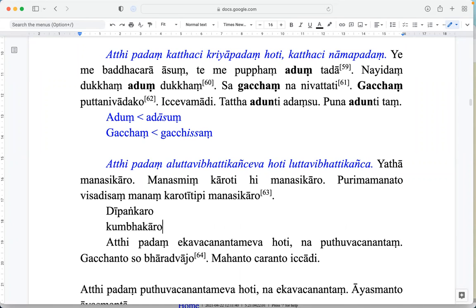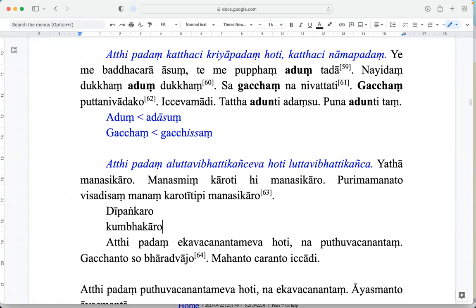This refers to lauda vibhadika and alauda vibhadika in the compounded word in the middle. We have many examples, especially in the Buddhisa samasa. Dibankaro is alauda vibhadika, but kombakaro and rathakaro, and so on.